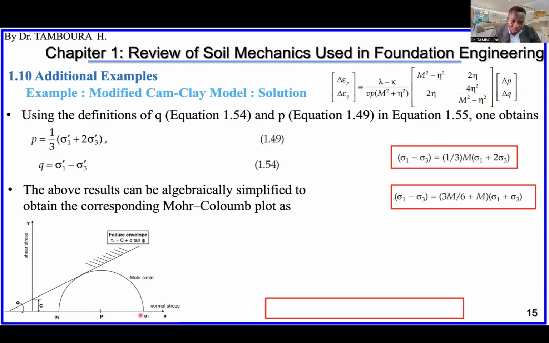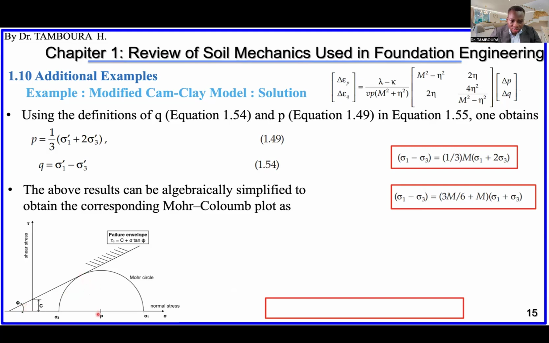The diameter will be from here to here, meaning sigma 1 minus sigma 3, and if I divide this by 2, it will give us the radius, okay? But anyway, if we want to get this angle, the phi here, the sine of this angle will be what?